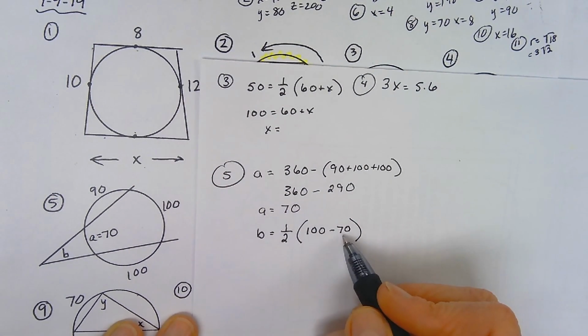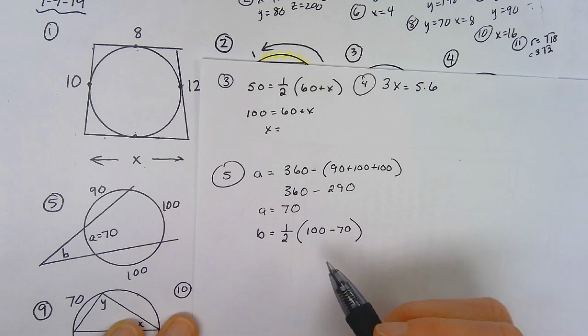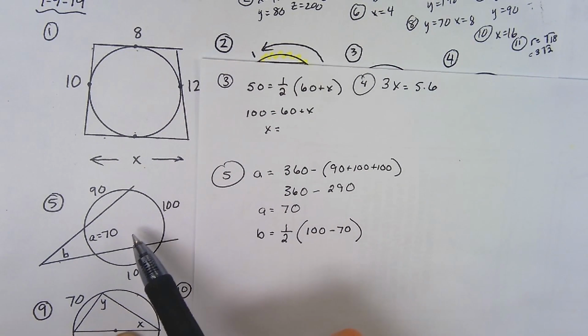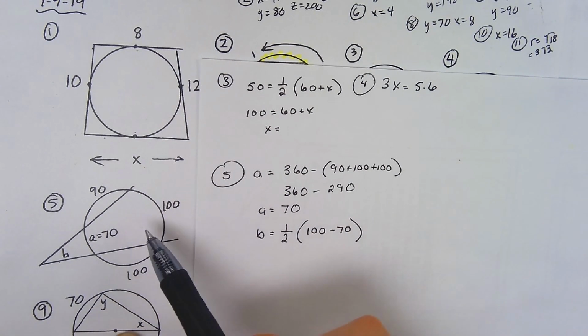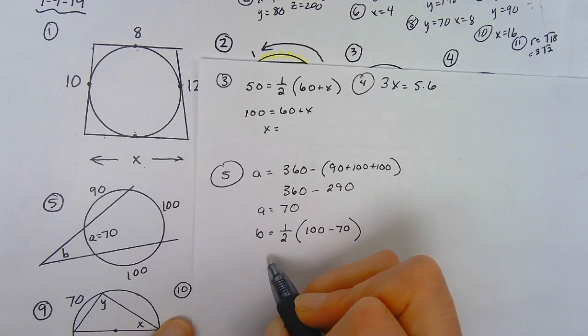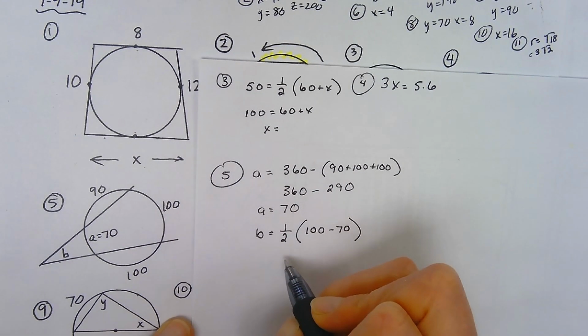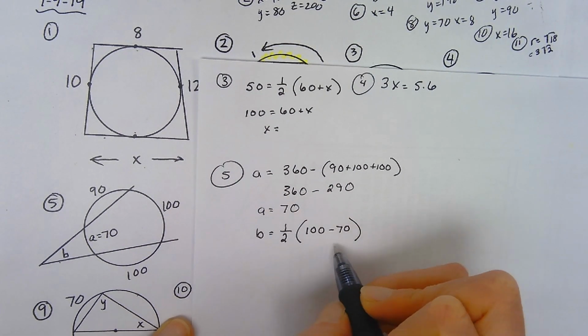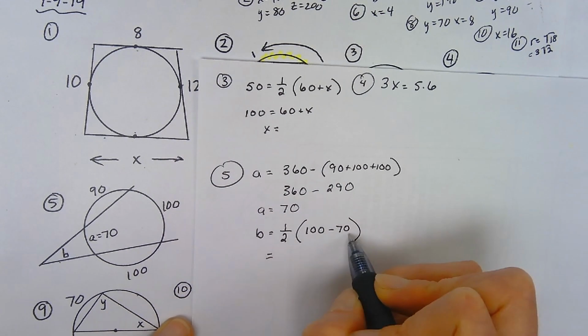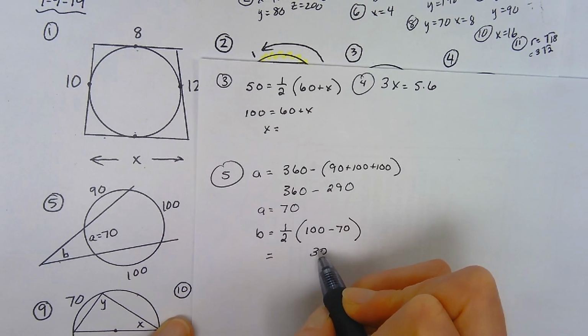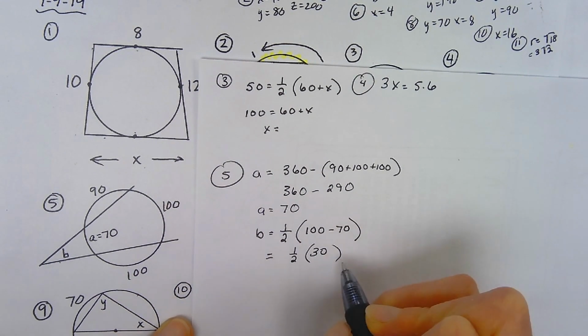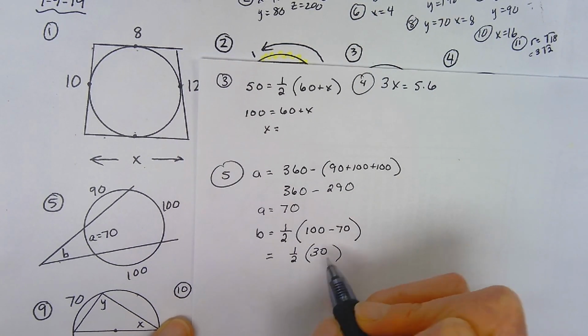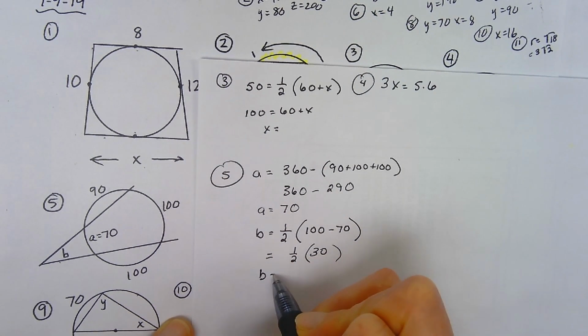Well, the smaller one subtracted from the larger. So this angle is equal to 1/2 the difference of these two arcs. Multiply both sides by, no, I don't have to do that. I can just combine this to be 30 and 1/2 of 30 equals 15. So B equals 15.